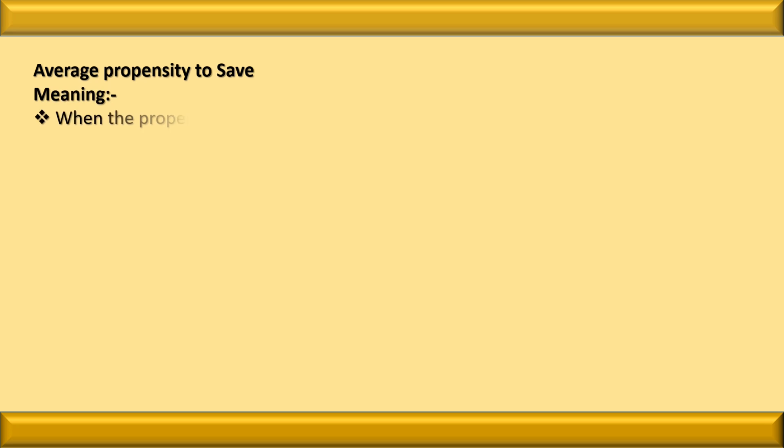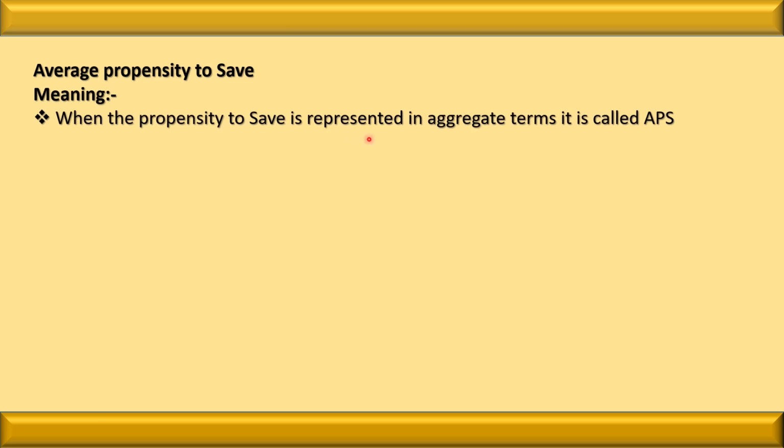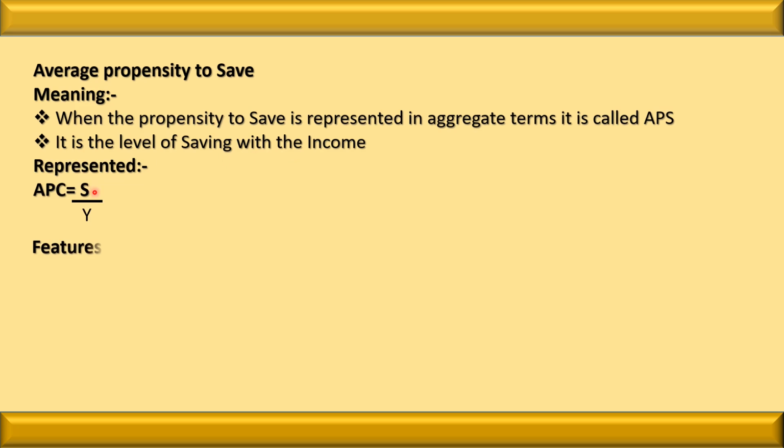When the propensity to save is represented in aggregate terms, it is called APS, average propensity to save. It is the level of saving with the income, which means saving divided by income.